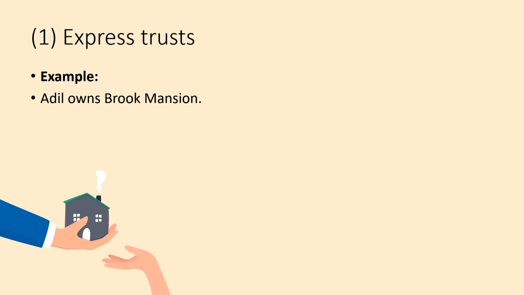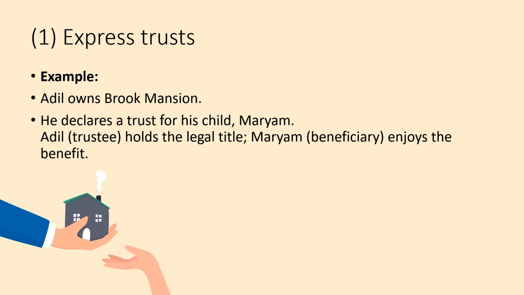So for example, we've got a deer who owns a property called Brook Mansion. He wants to give this property to his child Mariam. But he knows Mariam is just, I don't know, a toddler, for example. She cannot hold the property at the moment, she can't own it.